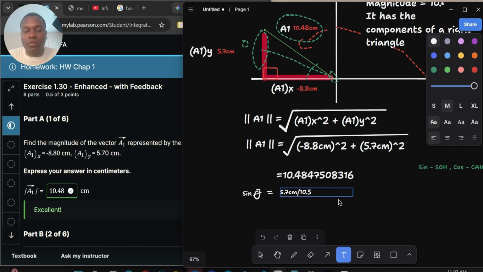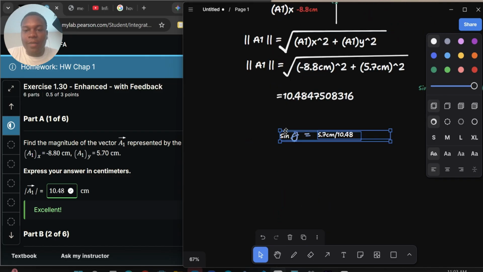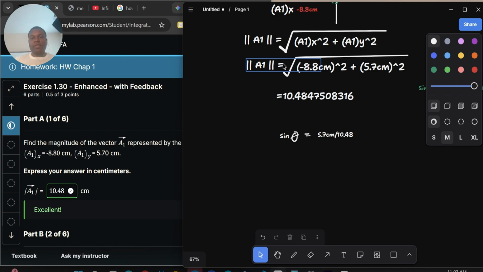Now we need theta. So how do we find theta? Well, I can tell you what we can't do. We can't divide by sine to get theta, because sine is a trigonometric function, not a standalone variable.